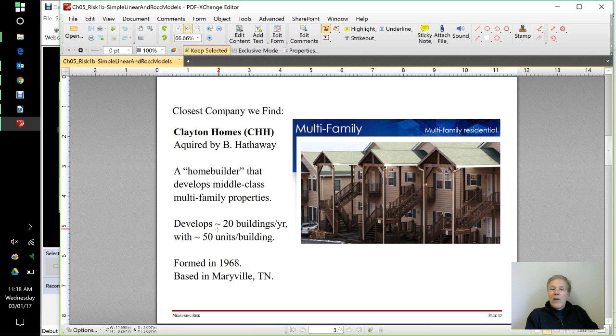They develop about 20 buildings per year with about 50 units per building. So in a year, they're diversified. I'd be more comfortable if they did 30 buildings a year or more. But life ain't fair, and nothing is ever perfect in the real world. So we're going to go ahead and use Clayton anyway.